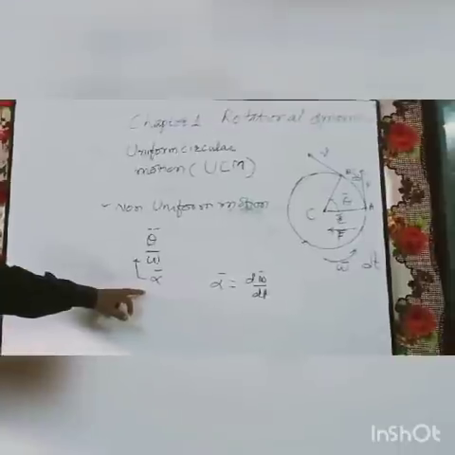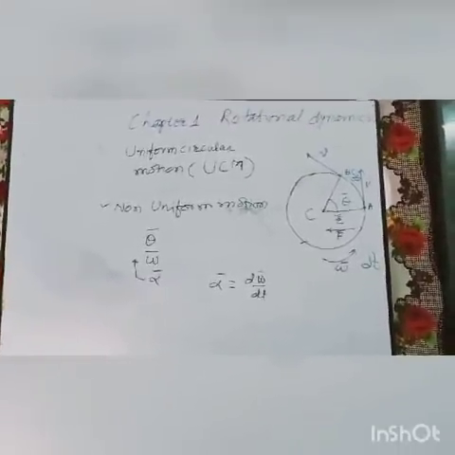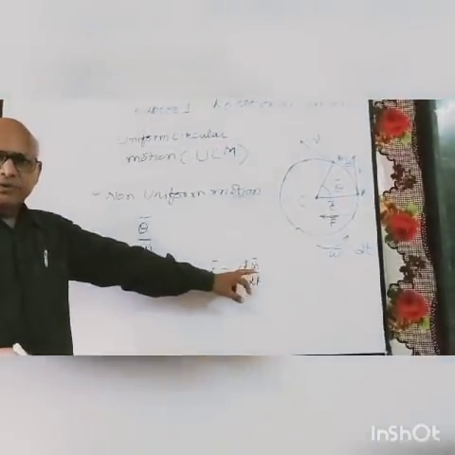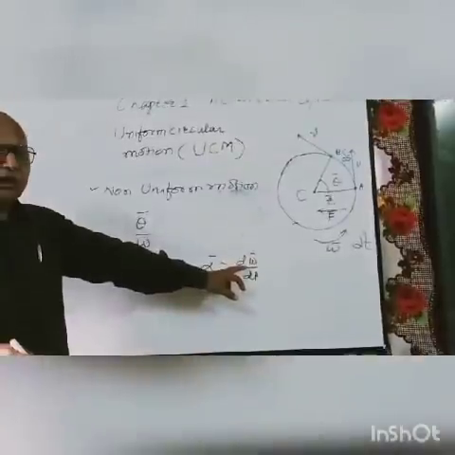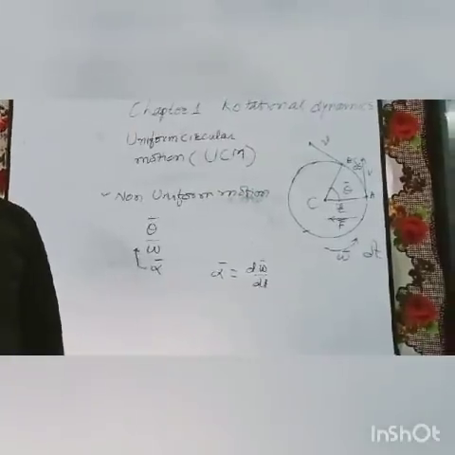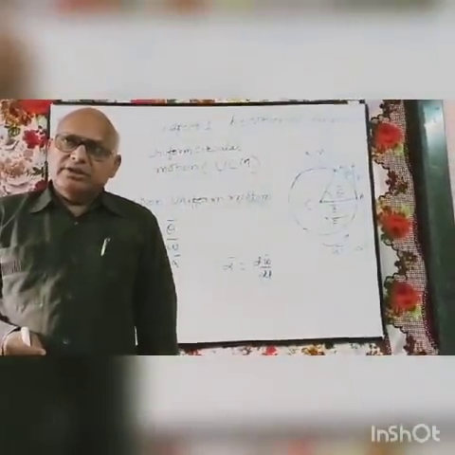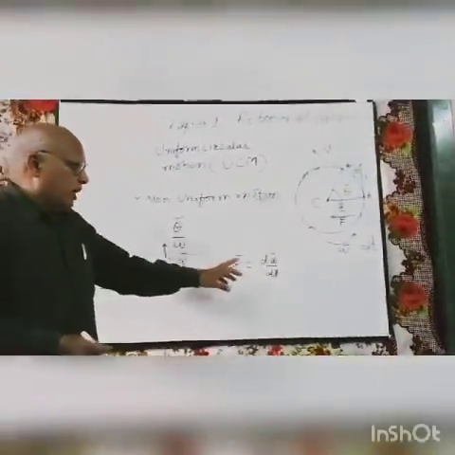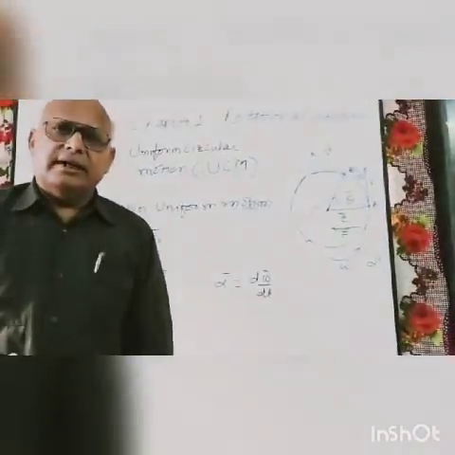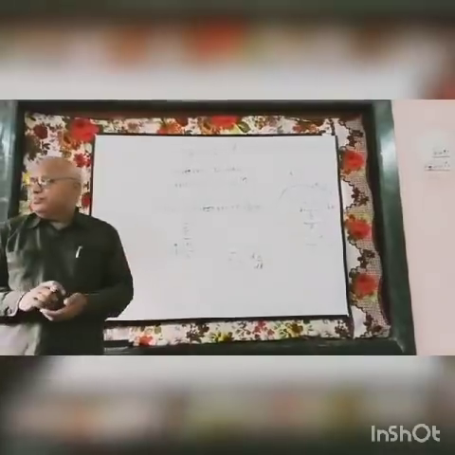If this alpha is constant, then there is no change in angular velocity, or the change in angular velocity is equal to 0. Or if the angular displacement changes constantly, then the angular acceleration becomes 0.